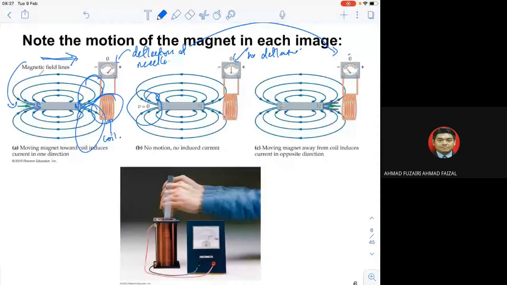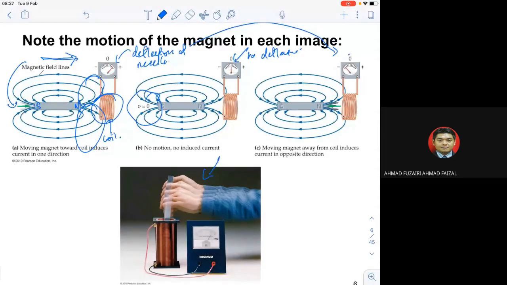So in order for us to get a stable induced current, you must make sure that the magnetic bar, which has a magnetic field, is always changing.